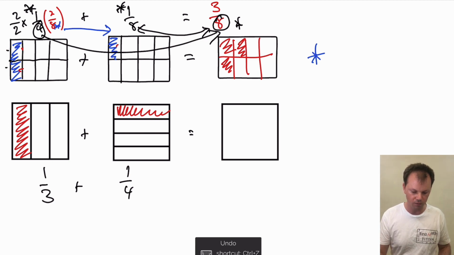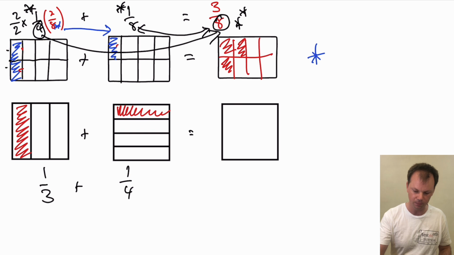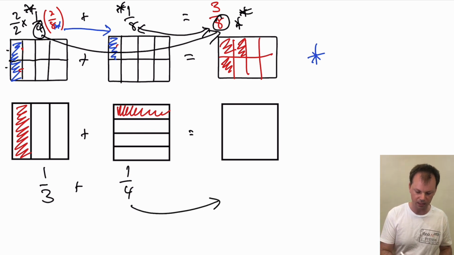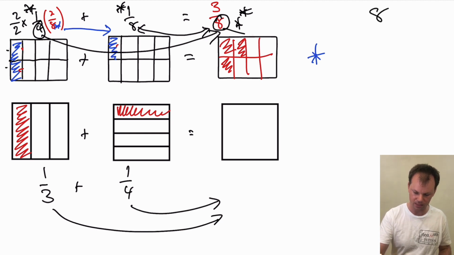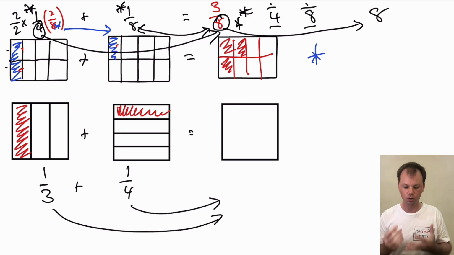So what I'm looking for, just like I did up here, is I'm looking for a number that has 4 as a factor and has 3 as a factor. Just like up here, our 8, this 8, has 8 as a factor and 4 as a factor, which is our first two fractions. So the easiest way to come up with a number that has 3 and 4 as a factor is just to times the two numbers together, right?